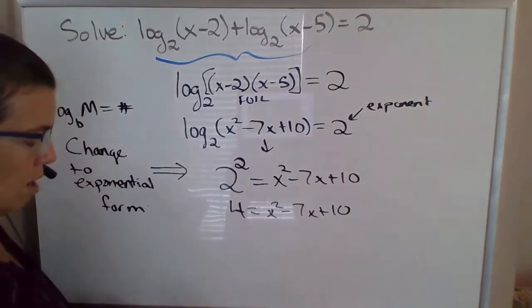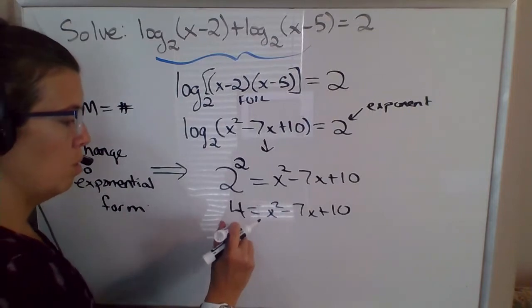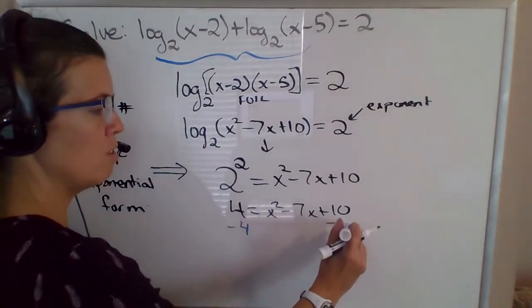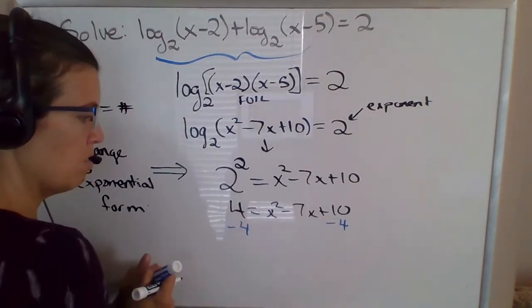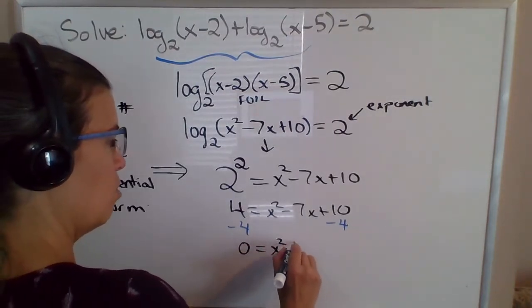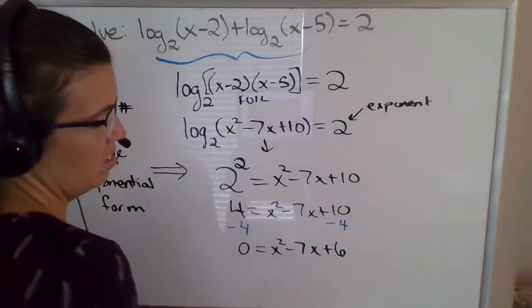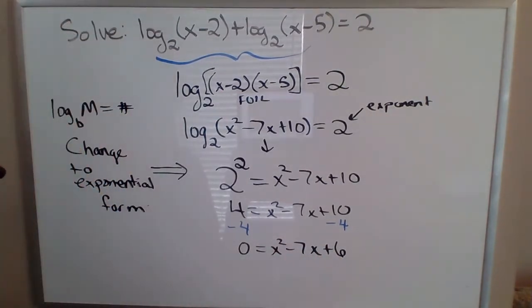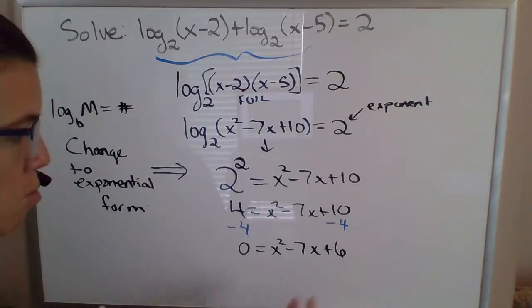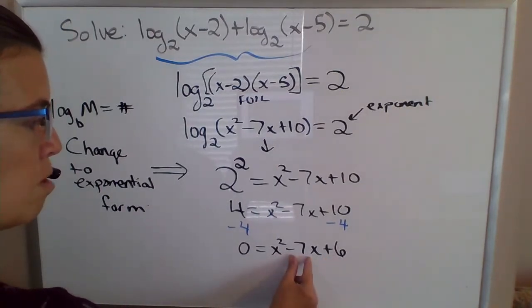And now we're back in a chapter 1 problem. We've got a quadratic equation. So with quadratic equations, you usually want to have 0 on one side. So I'm going to subtract 4 from both sides. x squared minus 7x, so now this will be plus 6. We want two numbers at this point that multiply to give us positive 6 and add up to negative 7.